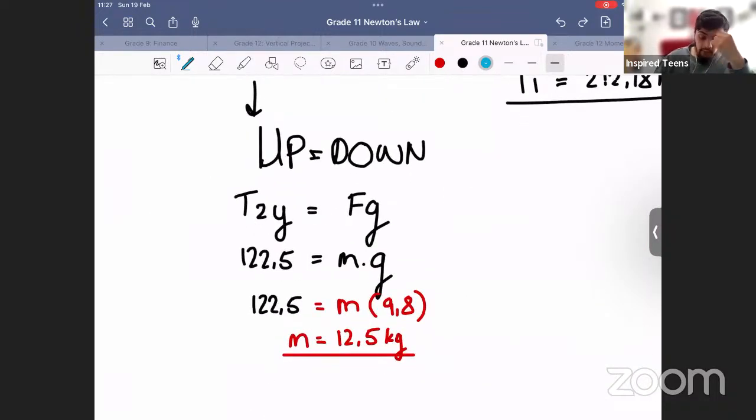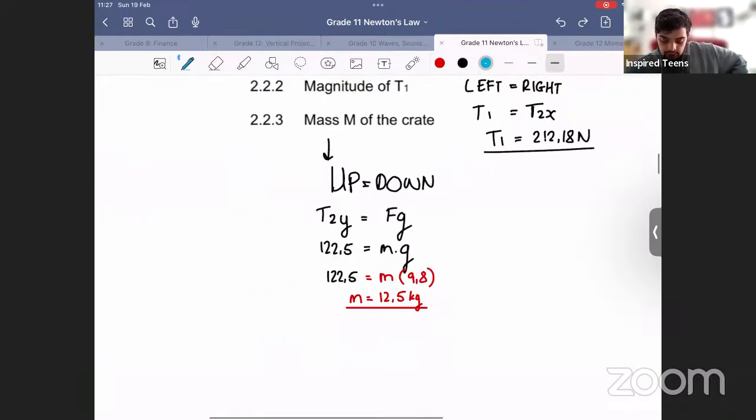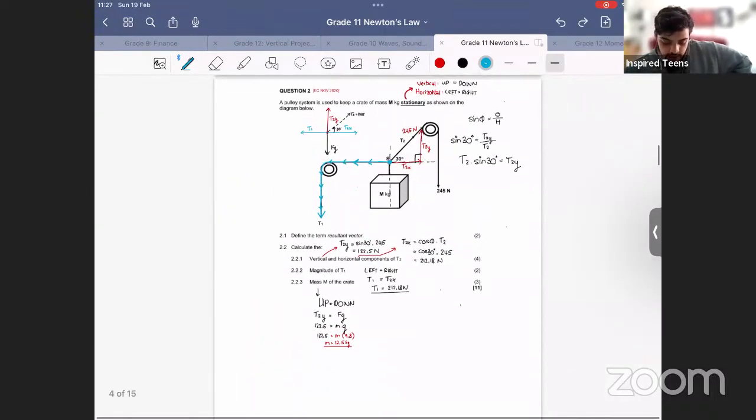Then T2y we calculated as 122.5. We equated it to m times g, which is the calculation for Fg, and we divided both sides by 9.8. That's how we got 12.5 kg. Okay, hope that makes sense. So that's the vector equation done.